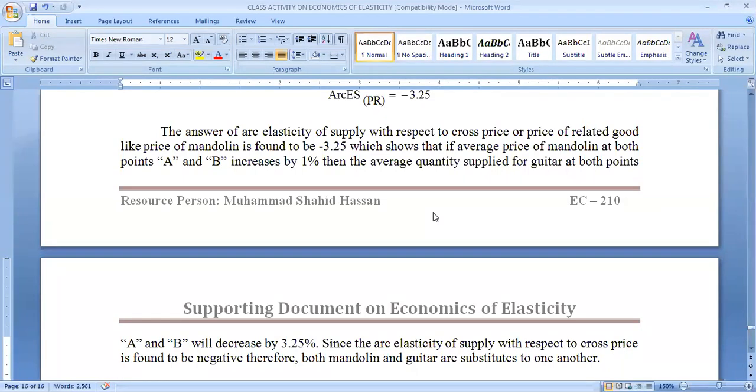So in case of demand, when you talk about substitute goods, cross price elasticity of demand is positive, but cross price elasticity of supply is negative, then the goods are said to be substitute goods. If the cross price elasticity of demand is negative, while cross price elasticity of supply is positive, then the two goods are called complementary goods, right?